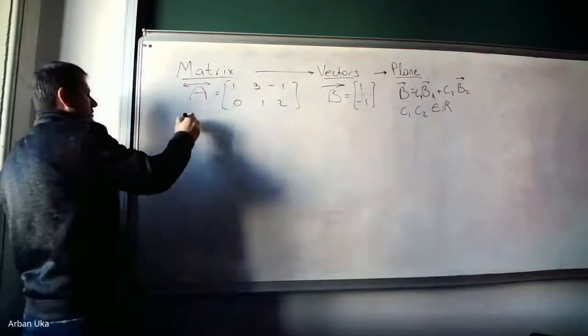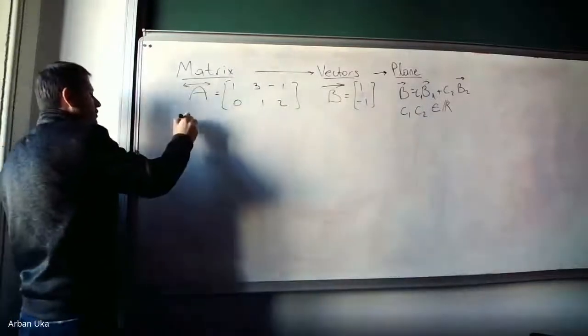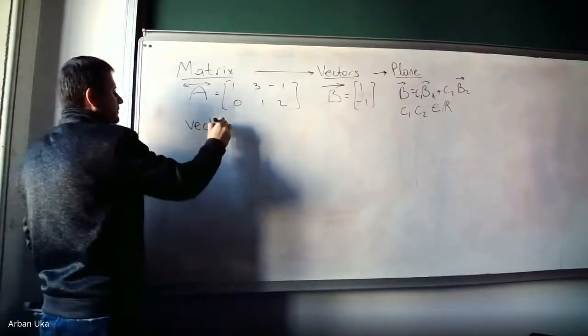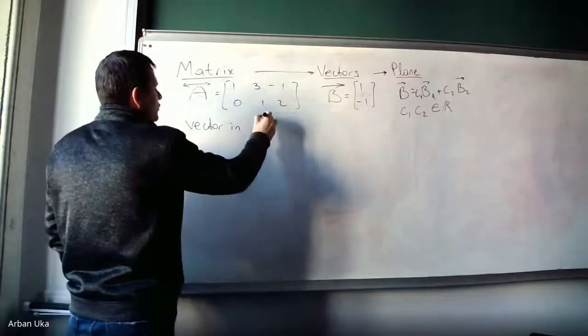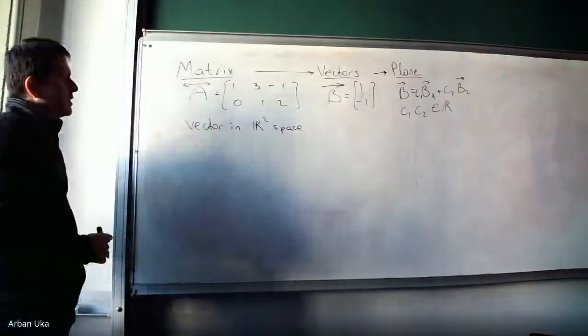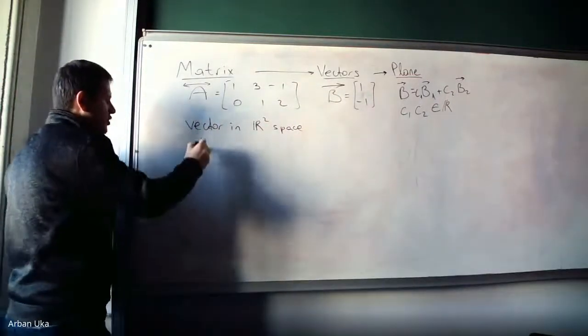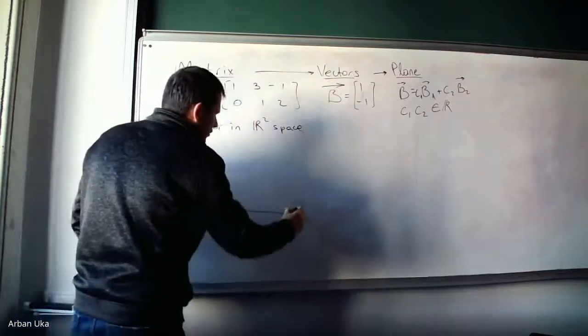Now, let's think about this one first. A vector in R² space. In R² space, we denote the two-dimensional space, which can be shown by the Cartesian coordinate system.